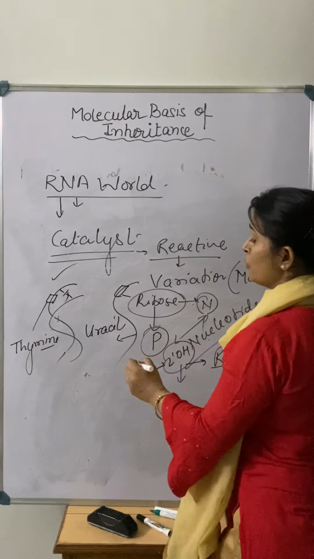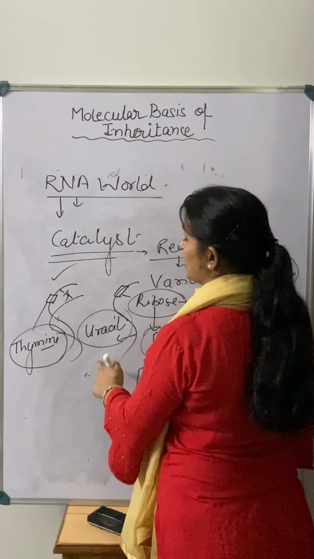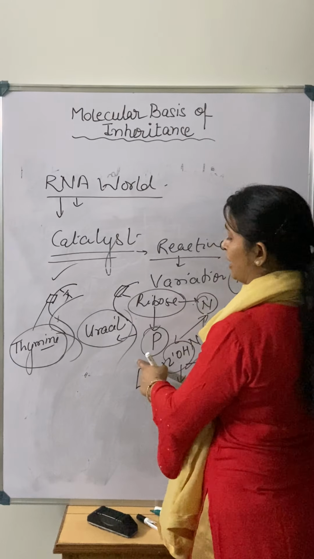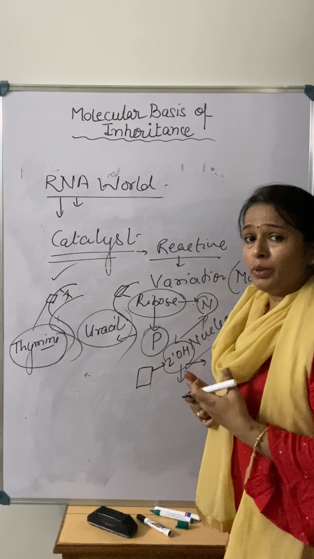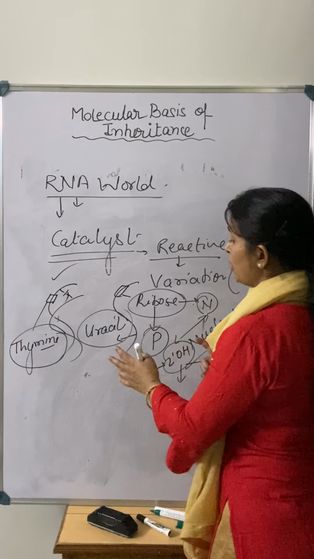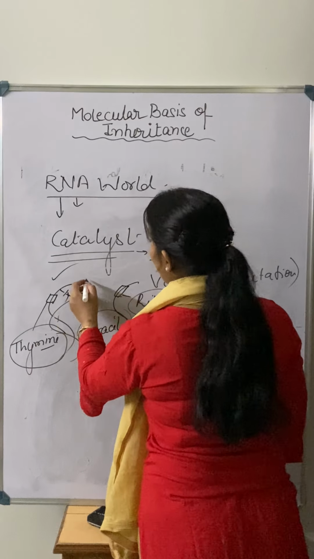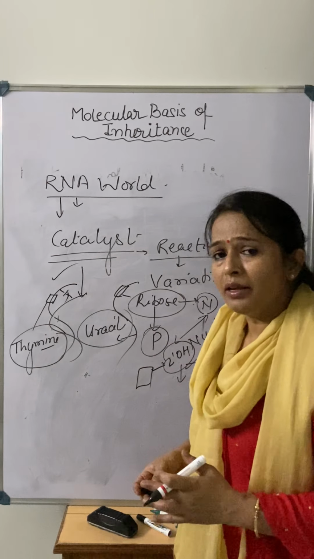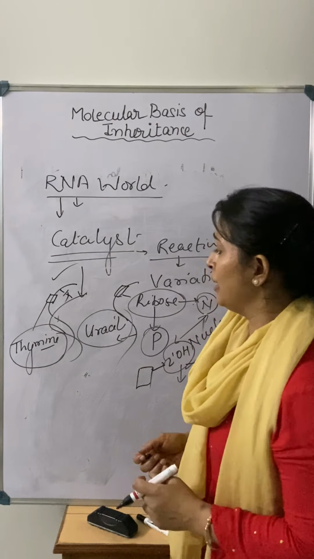RNA is single stranded, there is a free 2' OH group that is very reactive, and along with that there is the uracil nitrogen base. Due to this it is very active and is going to mutate much faster. So due to all these reasons, we say nowadays that in comparison to RNA, DNA is the most suitable genetic material, right?